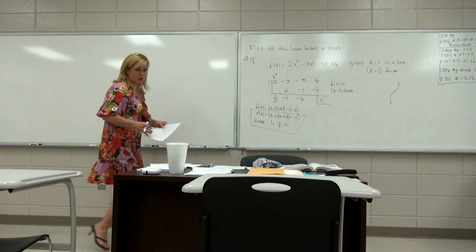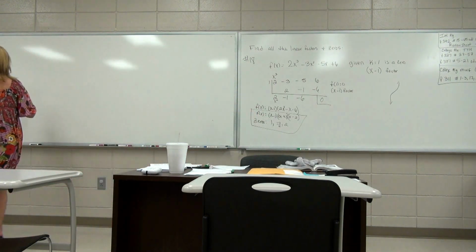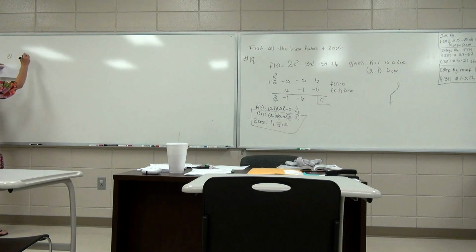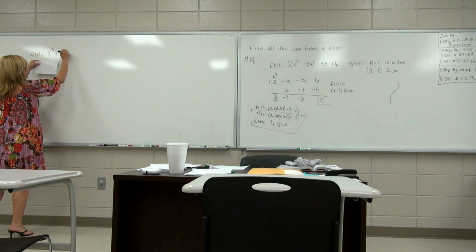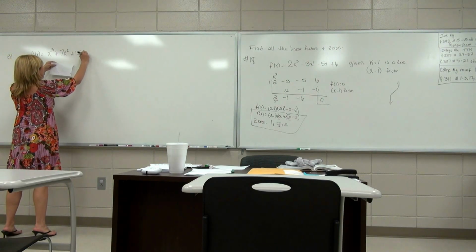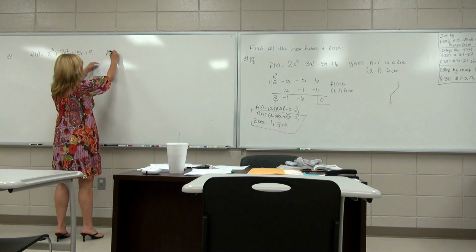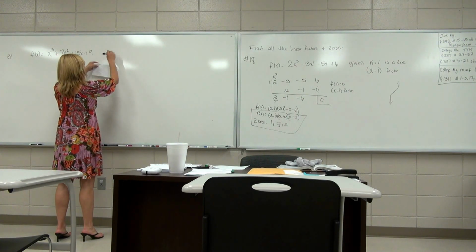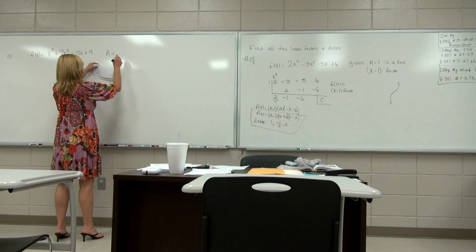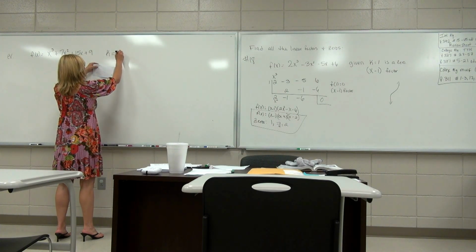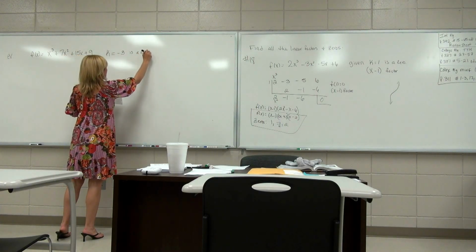Alright, my next one that we're going to do. Let's see if you can handle this one. If you're given f of x is equal to x cubed plus 7x squared plus 15x plus 9, and I'm going to tell you k equals -3 is a zero.